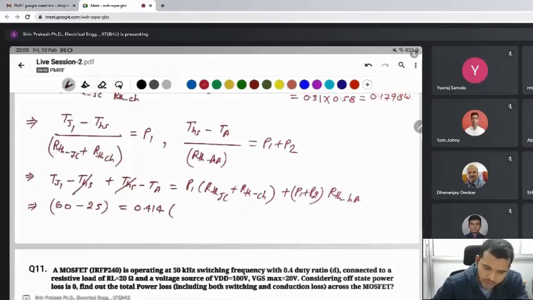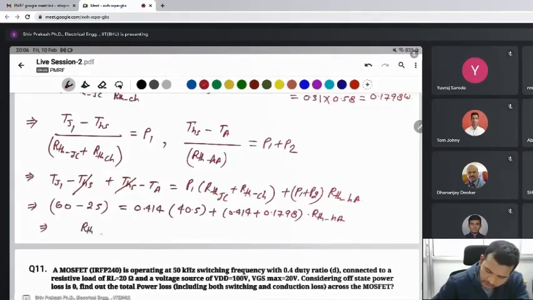This one is given 40 and 0.5, written as 40.5 for both. You solve this and we find Rth heat sink to ambient is 30.7 degrees centigrade per watt.